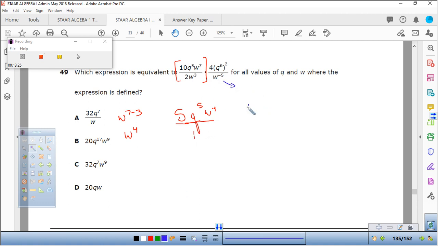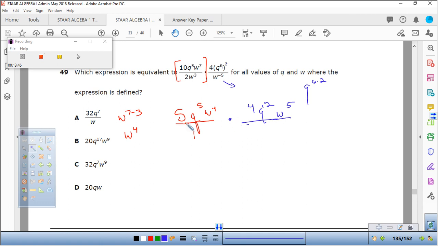This part over here, you're going to have a 4. These two right here, you're going to have Q to the 6 times 2, which is Q to the 12. And then down here, that one comes up, because this negative down here, it'll come up here, W to the 5th. And that's kind of it, really.